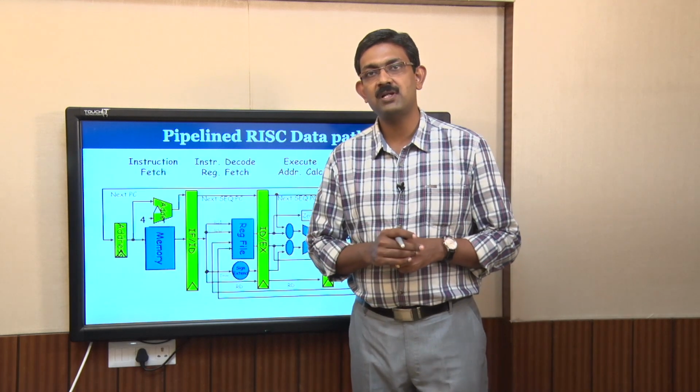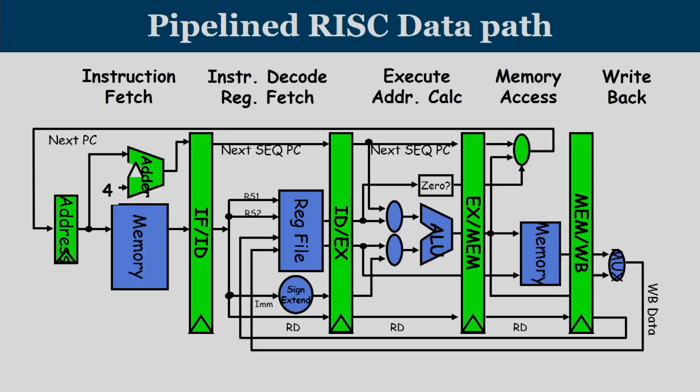This is the conventional 5-stage architecture of the RISC instruction pipeline that we have seen, where you have an instruction fetch stage followed by an instruction decode stage, and then we have the execute stage, memory access stage and the write back stage.